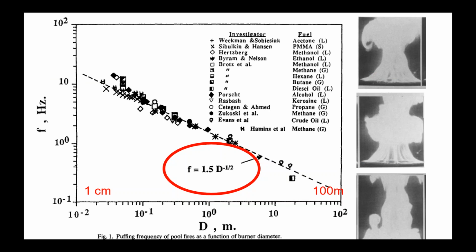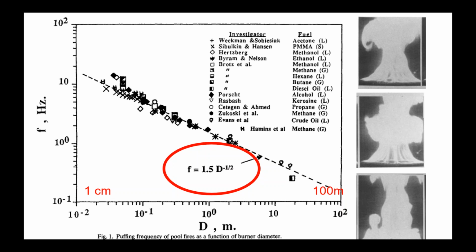This is a graph from one of many different studies in engineering literature where people have examined pool fires, and they found that the only factor that matters in the puffing frequency of a pool fire is the diameter of the pan. You can see this goes all the way from tiny 1 centimeter pans up to 100 meters.